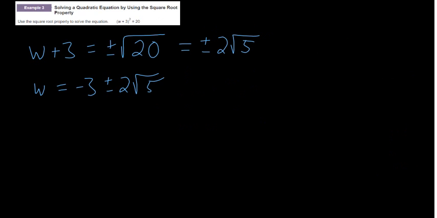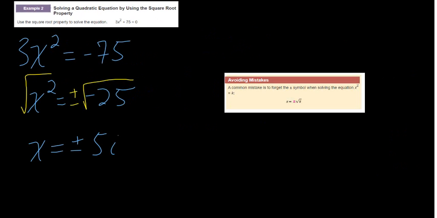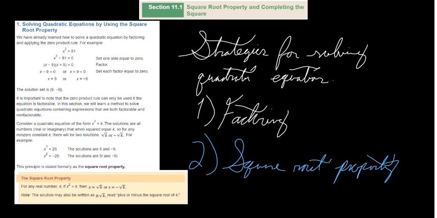If I were to try and factor this particular equation, because again, as far as we know, the way that we solve quadratic equations, the first step that we always try would be factoring. And if we're unable to factor it, we're going to use the square root method.